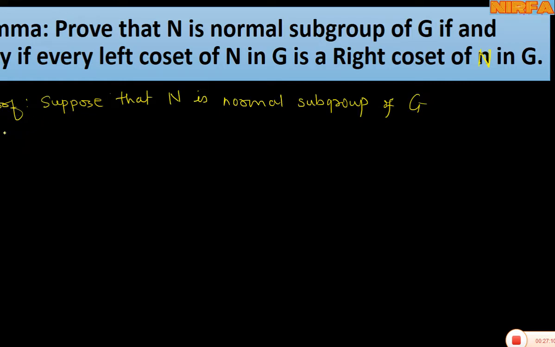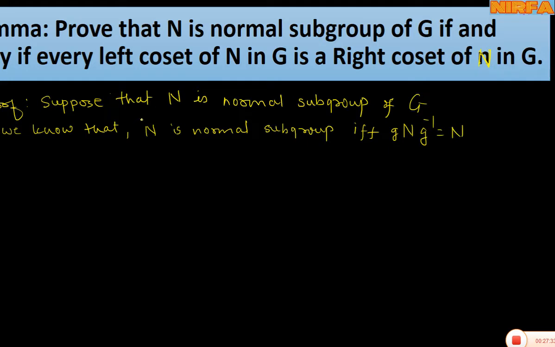Therefore, we must mention that we know from the previous lemma, N is a normal subgroup if and only if G N G inverse is equal to N. Already we have supposed that N is a normal subgroup of G, and according to this previous lemma, we may write G N G inverse is equal to N. Now I wish to cancel out this element G inverse, and therefore I have to multiply by G from the right side.